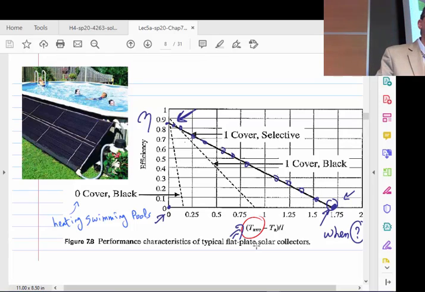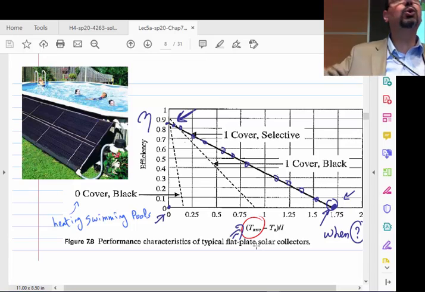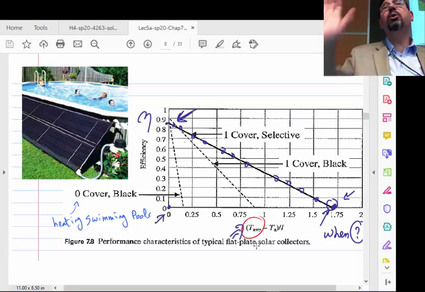See, I don't really know the T outlet yet because I didn't figure out how much flow rate I'm gonna send through this guy. If I shut it down, T outlet is probably gonna be T max. And if I have high flow rate because we are using the shower and the dishwasher, the T outlet probably will be T inlet.